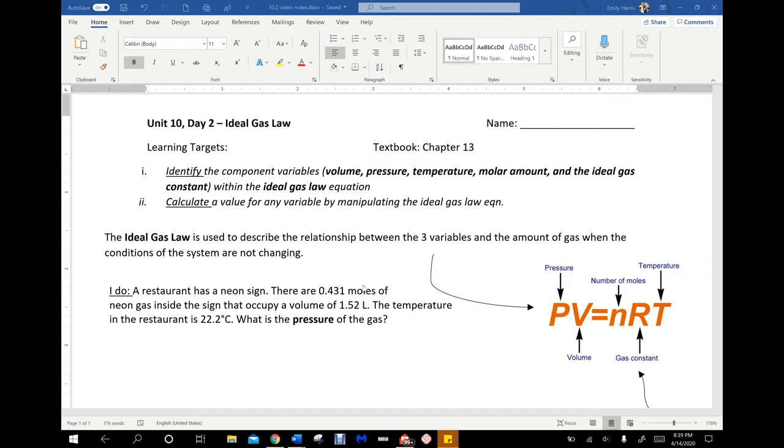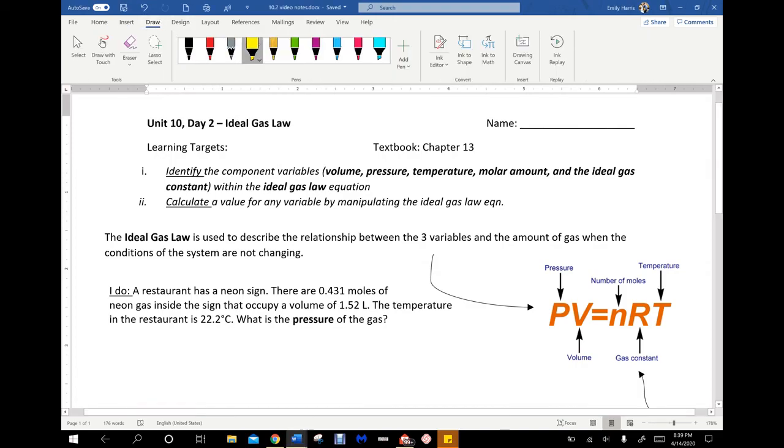It's designed to not only show the relationship between pressure, volume, and temperature, but what makes it special is it also includes this little n right here, which tells you the amount of gas in the number of moles.